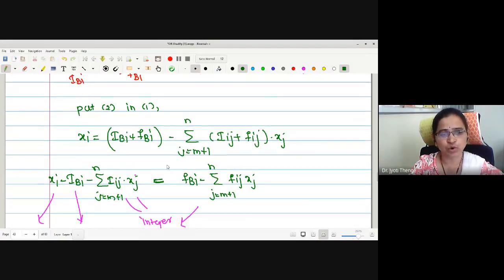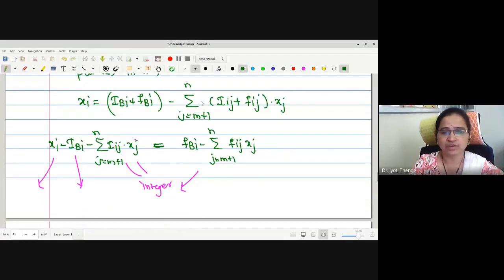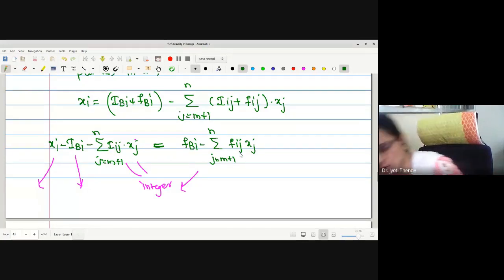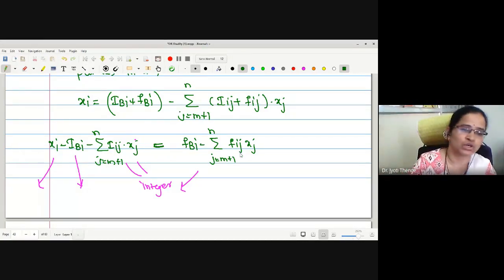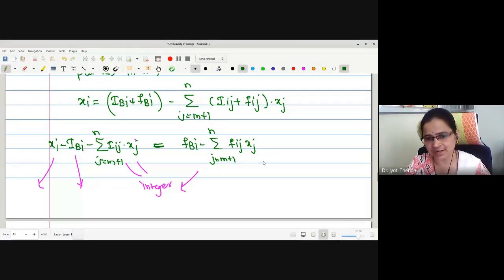Then putting both the values in the above equation for xbi and xij, we have obtained this equation. Then we have separated integer values and fractional values on separate sides of the equation. In order to obtain the integer values of xi and xj, we have done this. If xi and xj are taking integer values, this total left hand side will be an integer value, which is equal to this right hand side.